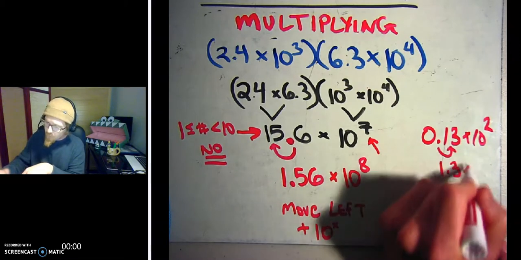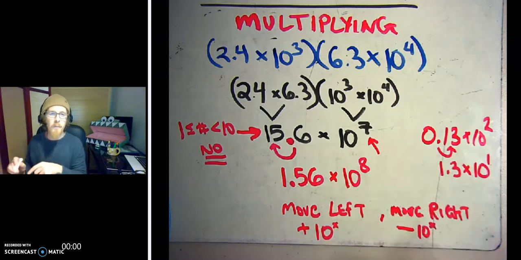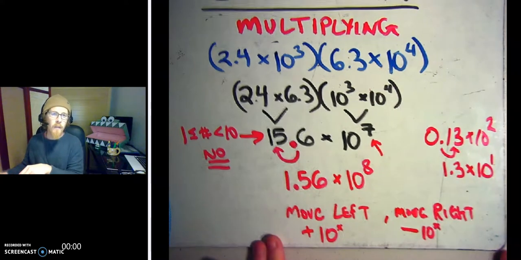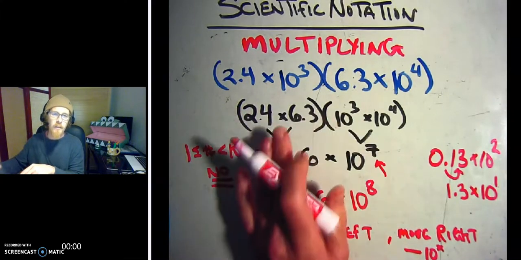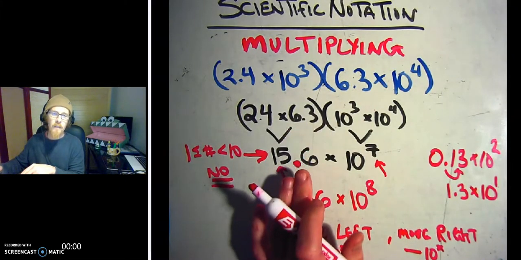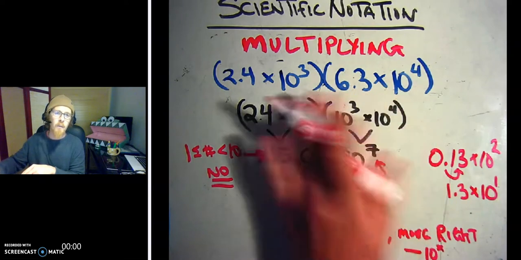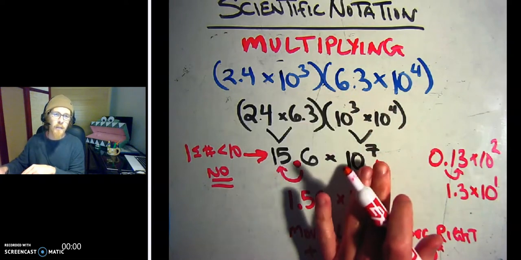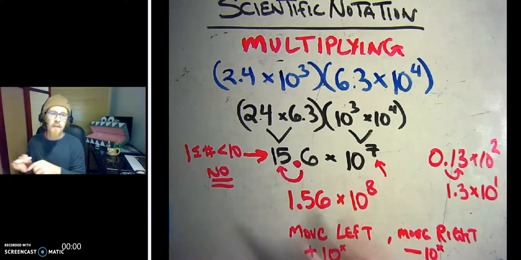But you would have to take away one of those powers of 10 because you already moved the decimal. So I guess the rule here is you multiply the numbers together, check to see that it is in scientific notation, multiply the powers of 10 by adding those exponents, and then account for any extra movements necessary.